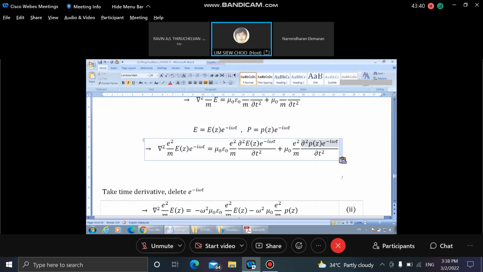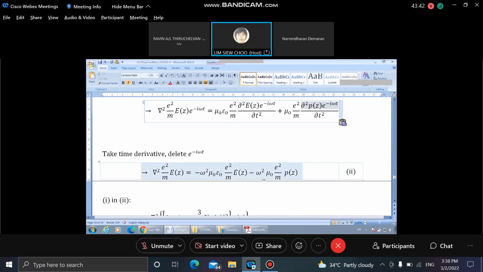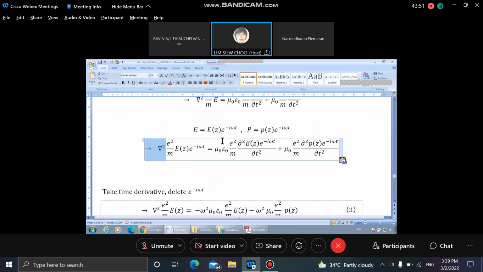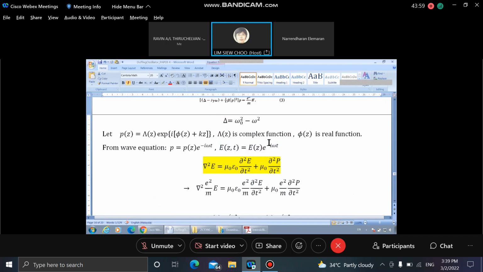Okay. So when I work it out, this one is del over del z, a spatial derivative. It won't affect the time function. But the time derivative will operate on this, so we have minus omega square.